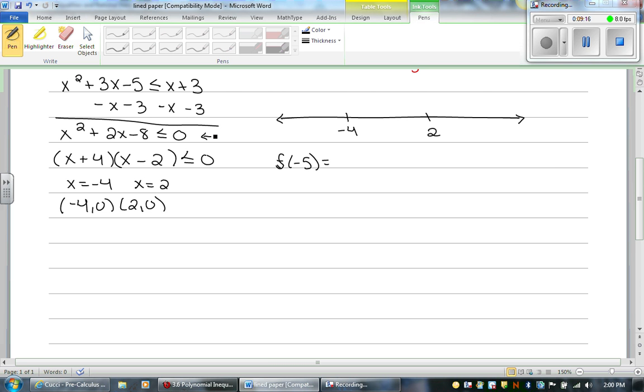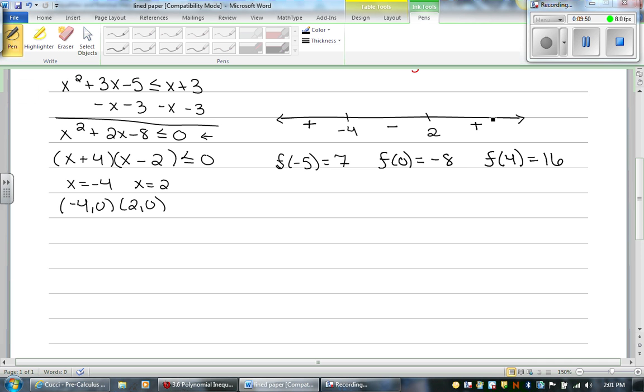Minus 8 gives us a value of 7. So that means the function is going to be positive here. Between negative 4 and 2, f of 0, of course, is going to be our easiest, and that's very quick to calculate: negative 8. And then larger than 2, let's try 4. 4 squared is 16, plus 2 times 4, which is 8, minus 8 gives us a value of 16. So that's positive.